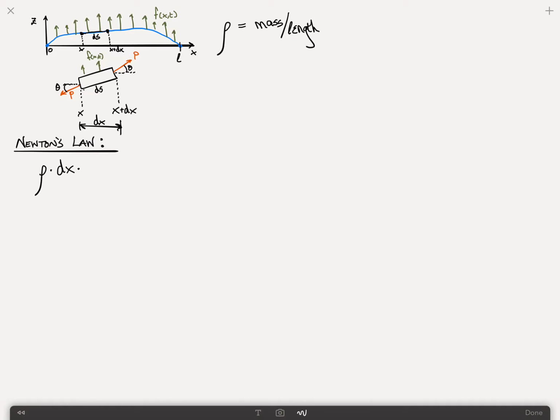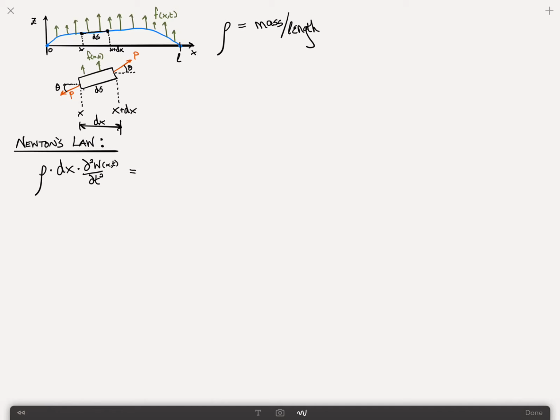times the acceleration. Now remember, we're looking at displacements in the z direction, transverse displacements. So we'll call that coordinate w. So w, which is a function of x and t, and I want to take the second derivative. So d squared w by dt squared, and w is a function of x and t.